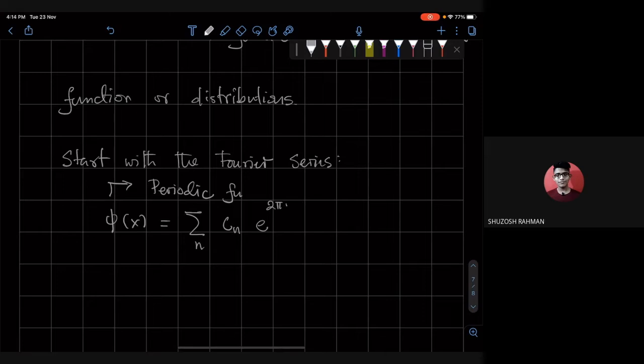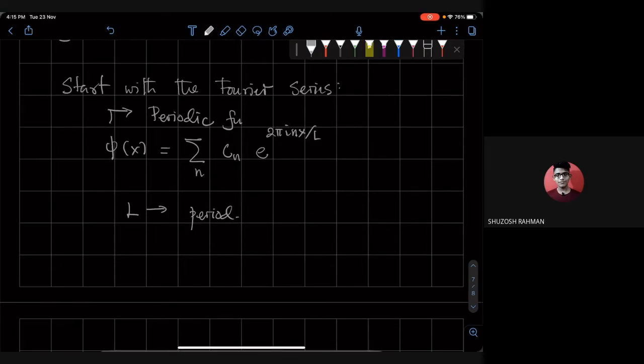It's e to the power 2 pi i n x over L. So the periodicity is L, right? L is the period. Now the question is, suppose I give you this function, how do you find Cn?